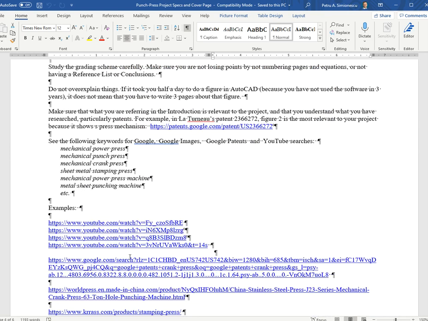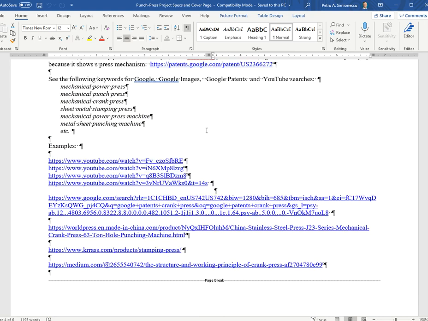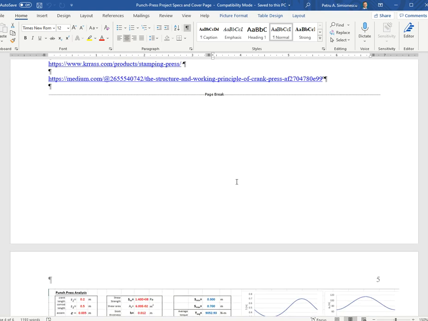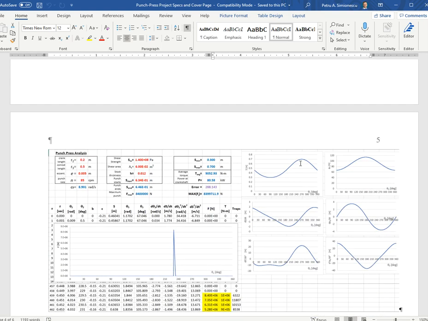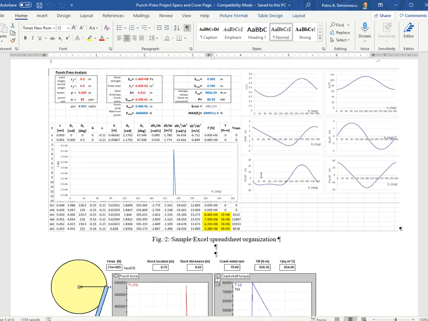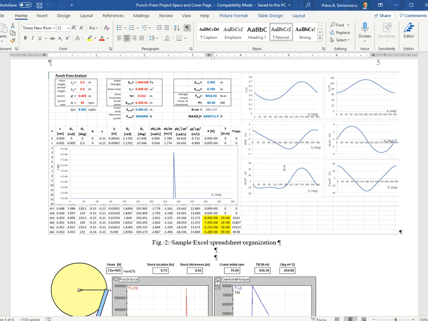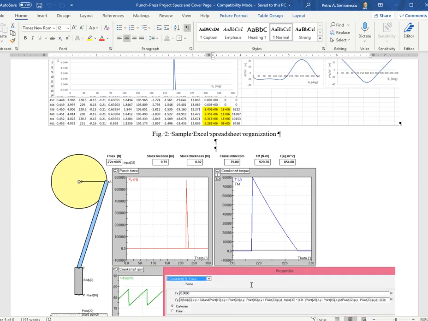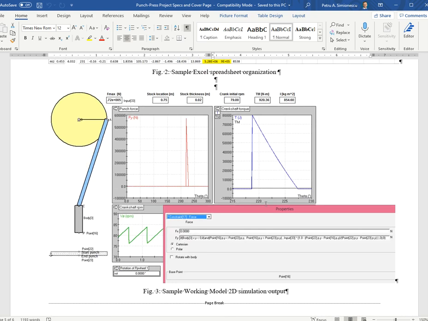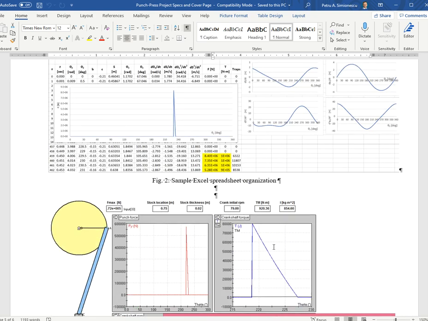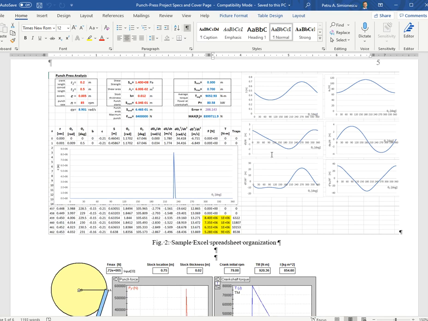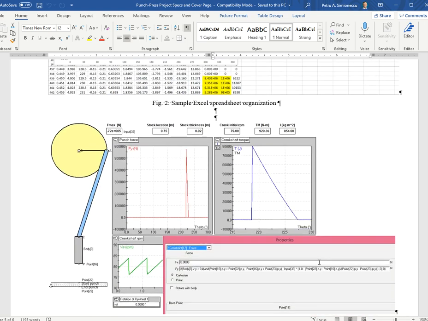I'm making some recommendations on how to search and write the introduction to your project, and I have supplied a sample screenshot to show spreadsheet organization, and how the working model should look to validate your calculations in the Excel work.